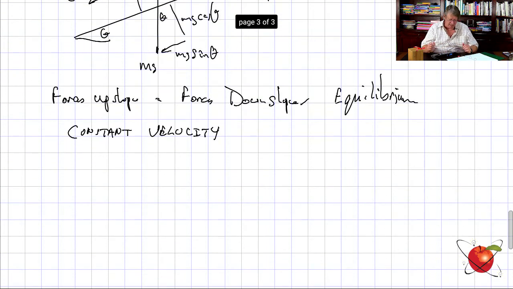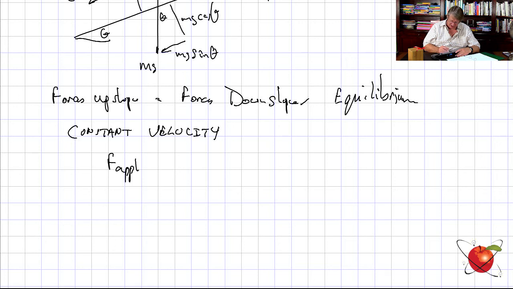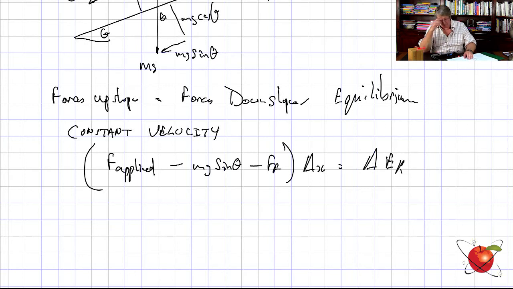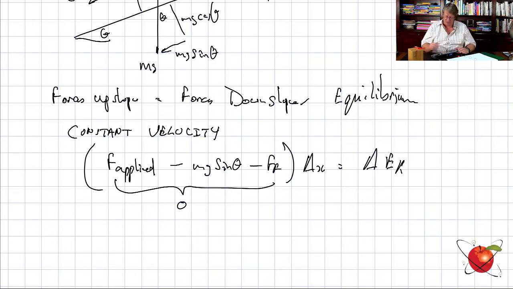In here, there's no F net because F applied is balanced. Remember, we've got this formula from the previous: F applied minus mg sine theta minus Ff, that there times delta x must equal the change in the EK. Well, look, F applied is equal to those. It's balanced. Therefore, this is 0.